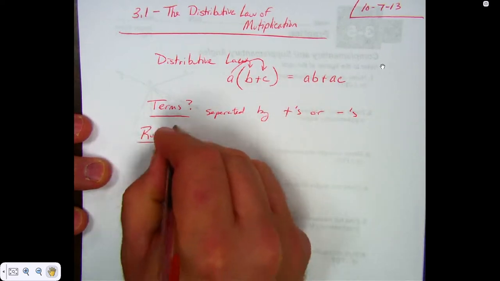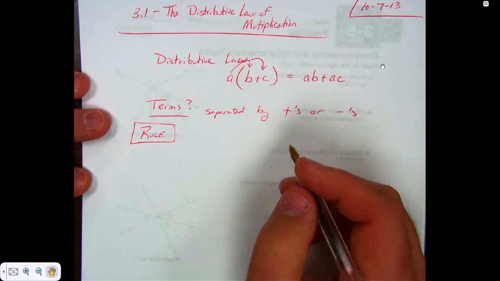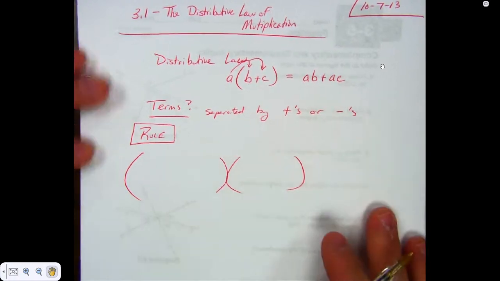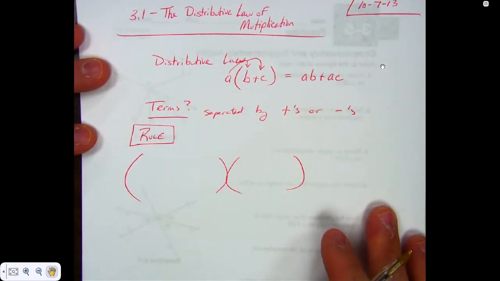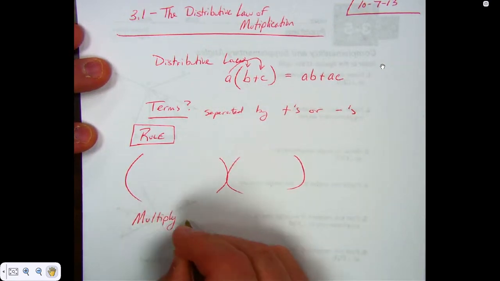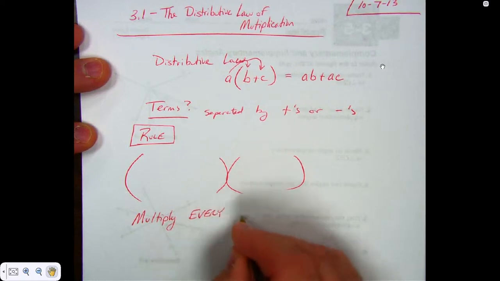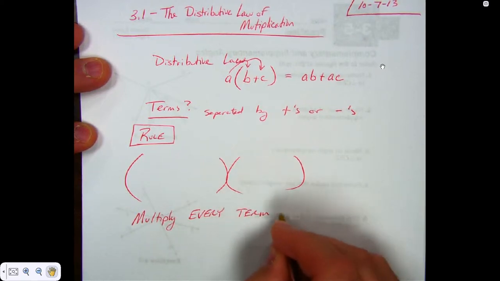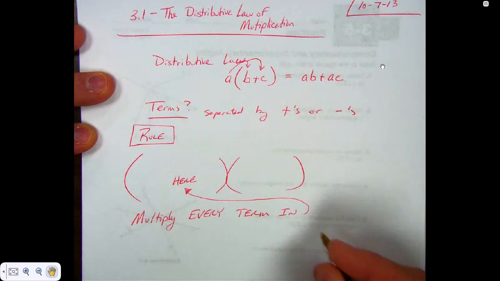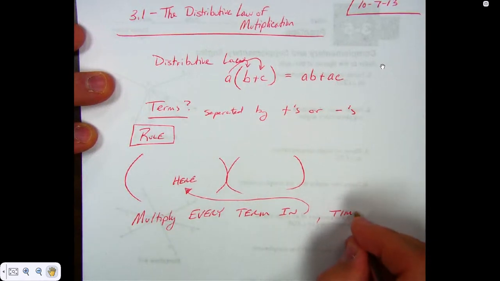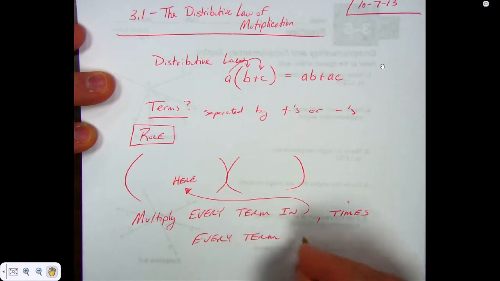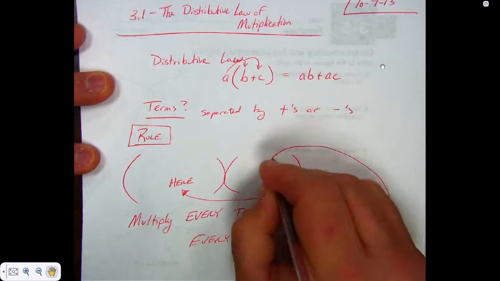Here's a rule that I would like you to know. Whenever you're multiplying things in parentheses, multiply every term in here times every term in there.